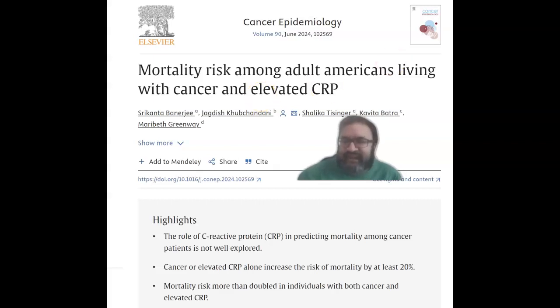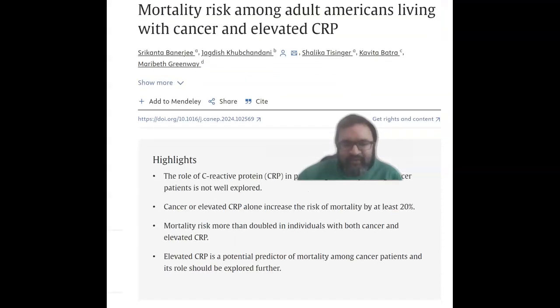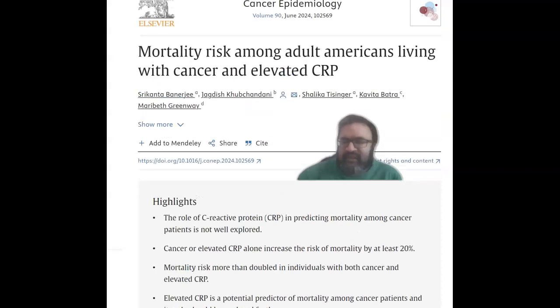So let's take a look at the highlights here, and I want to make this brief. I don't want to have a long lecture here. The highlights are the role of C-reactive protein in predicting mortality among cancer patients is not well explored. Cancer or elevated C-reactive protein alone increase the risk of mortality by at least 20%.